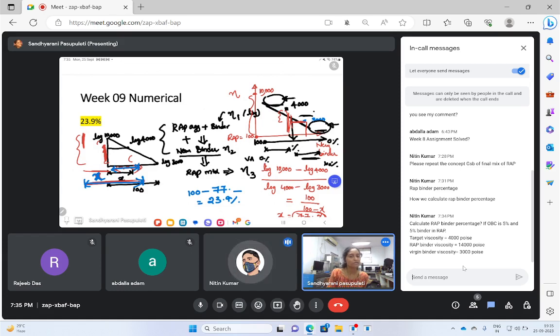Yes ma'am. The virgin binder viscosity in my problem is around 3,000, in your problem also the same. The target viscosity in my problem is 4,000 and in your problem also 4,000, and all the remaining are the same. So this is exactly a similar problem, and you can also find it in the video. The values were different.